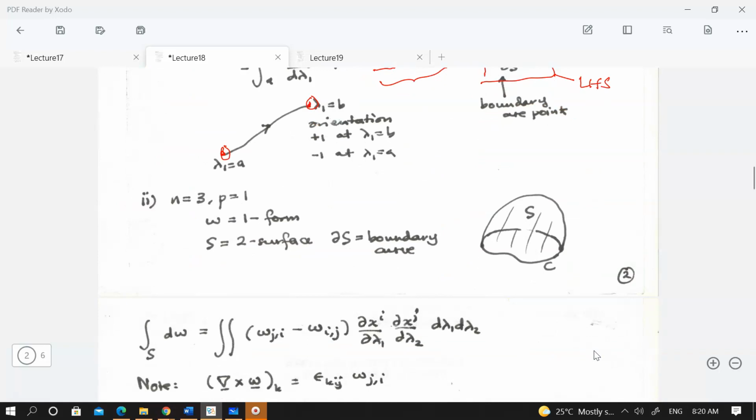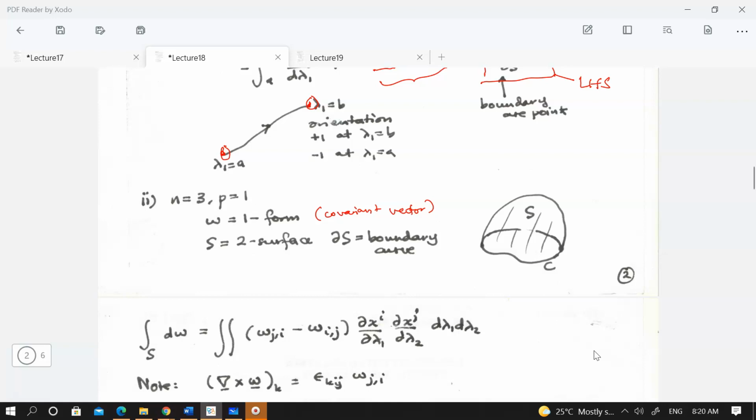We are looking at the case of p equals 1. So omega is a one form. In other words, it's a covariant vector here. And if you recall what I mentioned in the generalized Stokes theorem, the left-hand side will involve the integral of your omega over the boundary of some surface.